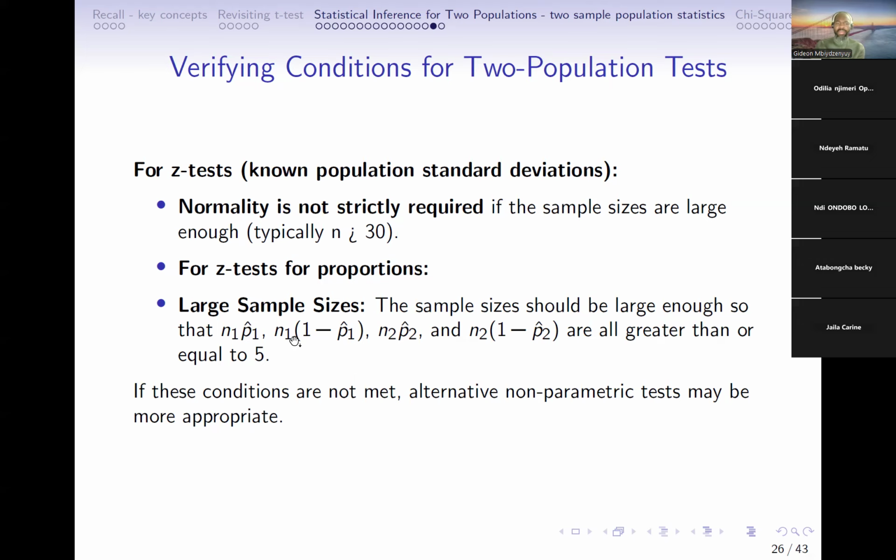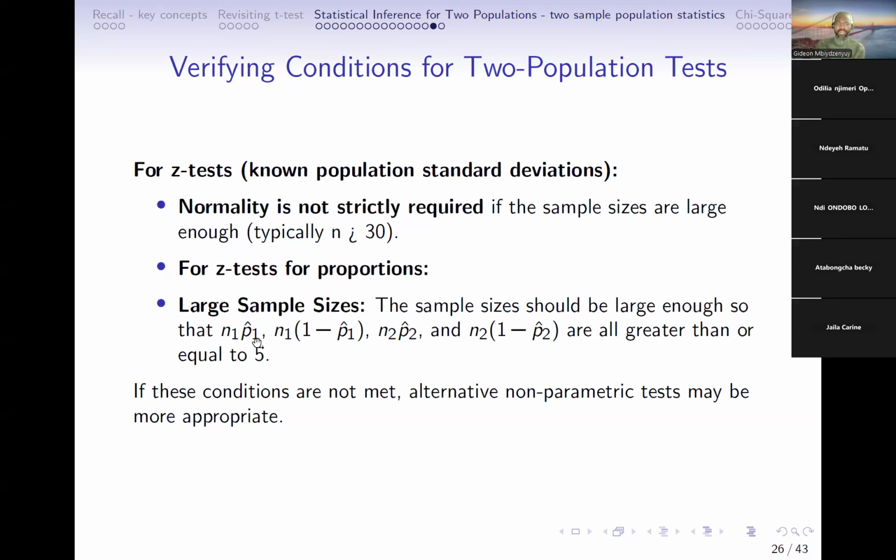For the Z test with proportions, we need a large sample such that the conditions involving n1 p1 and n1 times (1 minus p1) are all greater than or equal to 5. This was what we said also in our previous lecture.